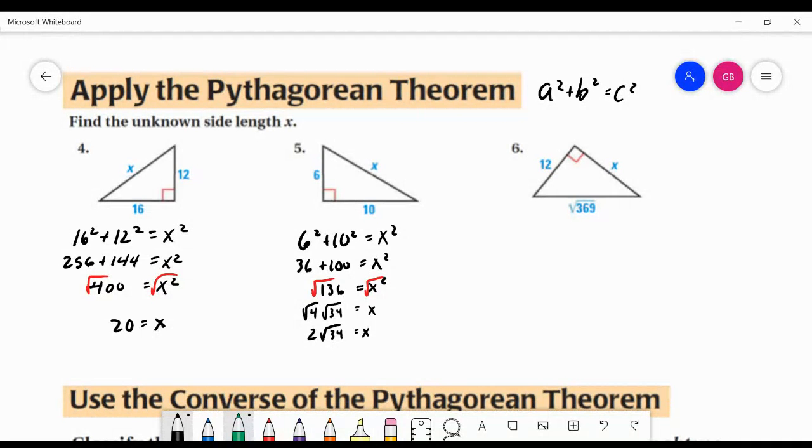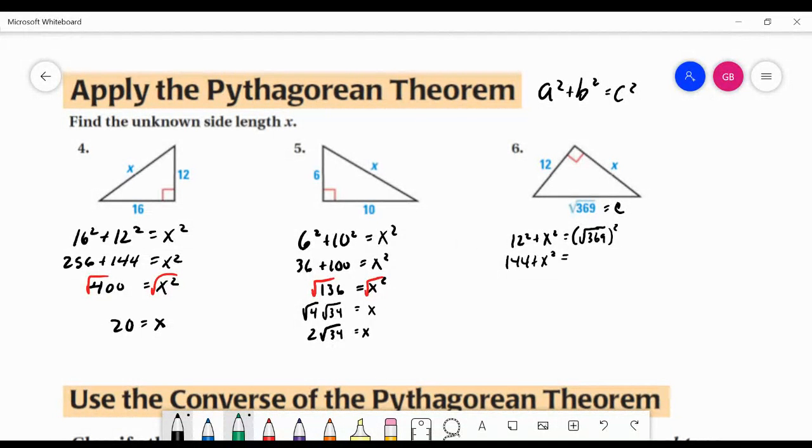Okay, and then for number 6, remember this is C, the one on the bottom. That's the hypotenuse. So we have 12 squared plus x squared is equal to 369.